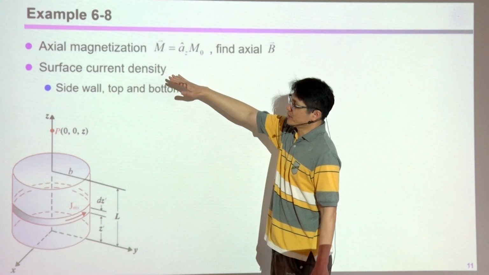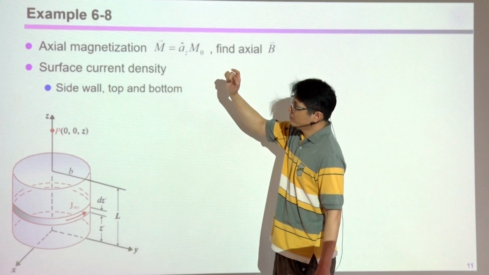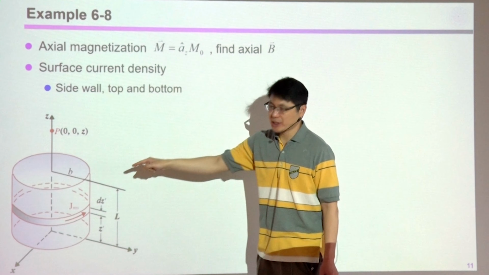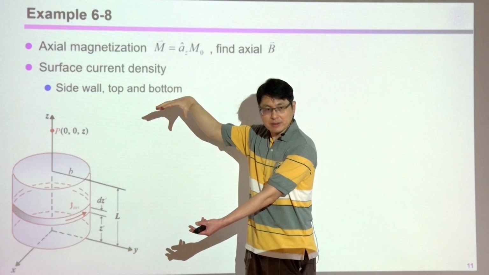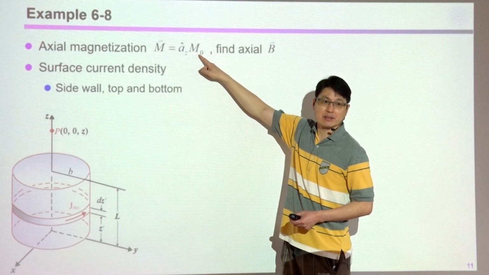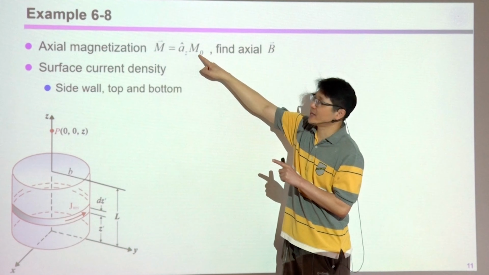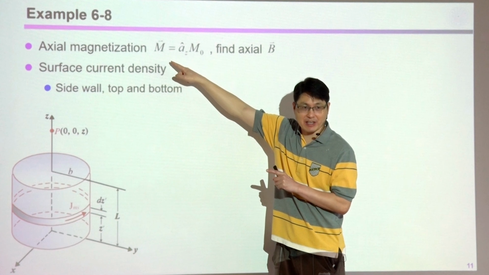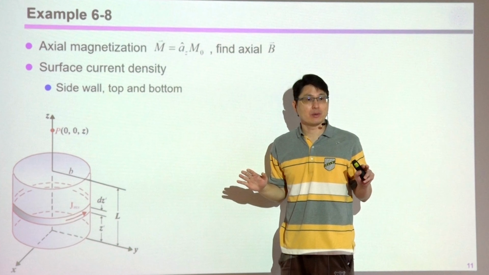So the textbook asks you, well, if this material molded in the cylinder is giving you a constant. Well, if you look at this constant magnetization factor, you will be very happy. Why?